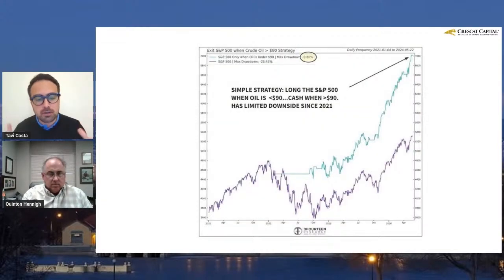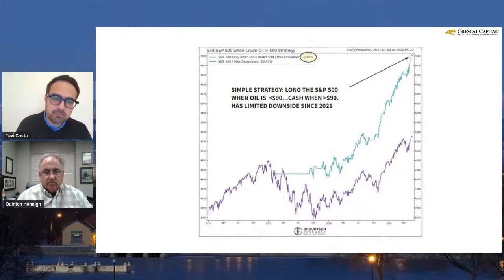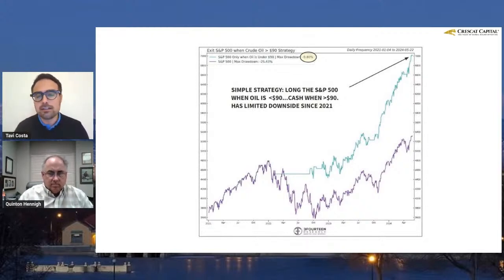It's just an interesting strategy that has been working since 2021 that I should point out. These folks that put out this analysis, really interesting stuff, basically show that every time an investor would sell the S&P 500 when oil goes above 90, and buy back the S&P 500 when oil is below 90, they made a lot of money. And that's not my point. It's just to show that we're in the stagflationary era, really.